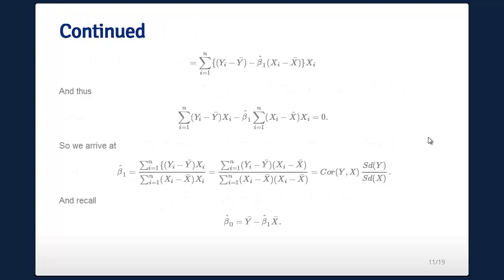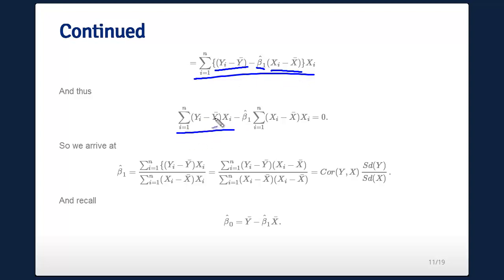Let's continue on to the next page. And this has a nice simple form. It's the centered y's minus beta 1 times the centered x's, and it appears very similar to our regression through the origin equation. So then we can solve this.